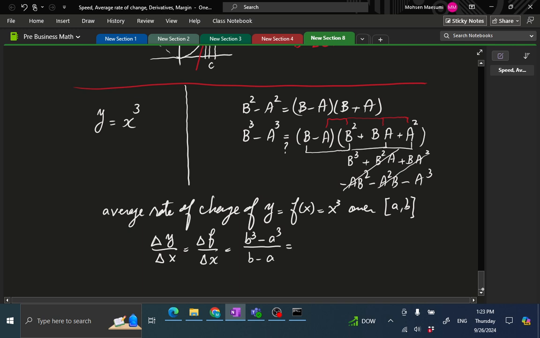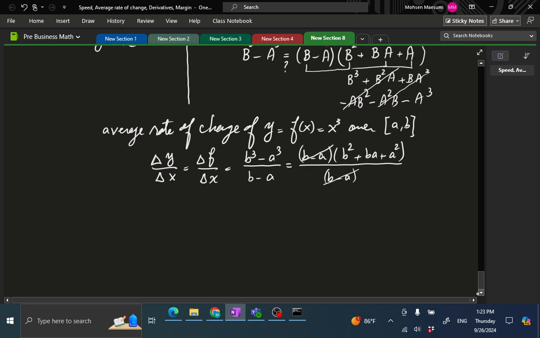Now the numerator is an example of this identity. It factors as b minus a times b squared plus ba plus a squared. The denominator is always b minus a, and this one always cancels with that one. That cancellation is a crucial part of all these calculations. You have to always cancel to see the light at the end of a tunnel. What we get is b squared plus ba plus a squared.